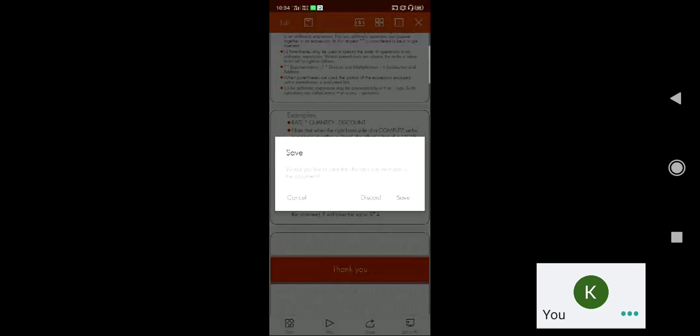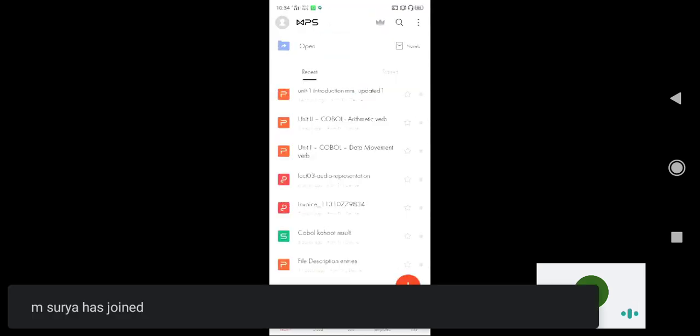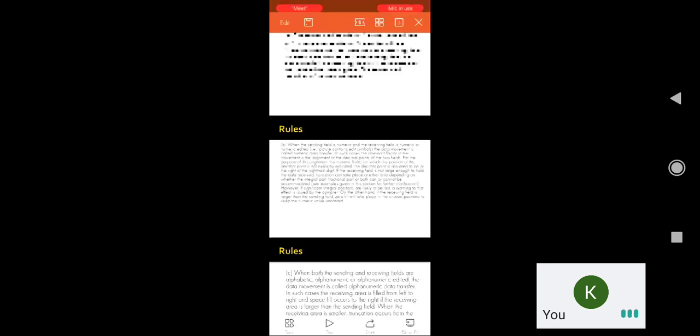But before proceeding to the next topic, if you have any doubts related to the arithmetic verbs and the compute verb, you could ask me now. These two are very important, because in COBOL programs we normally use the arithmetic verbs and the compute verb. If you have any doubts in using the compute verb or these four arithmetic verbs, you could ask me now.